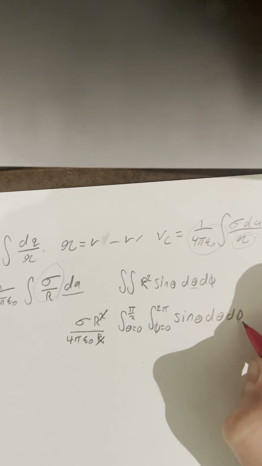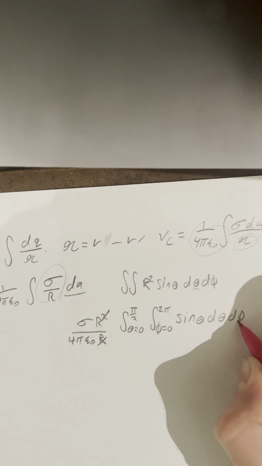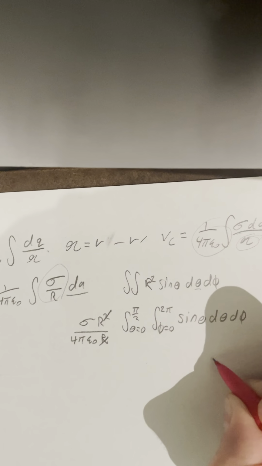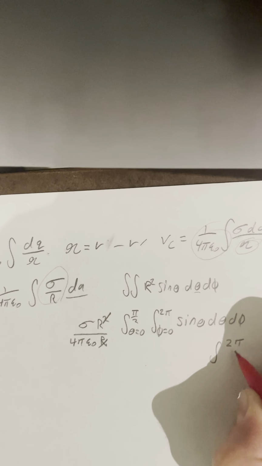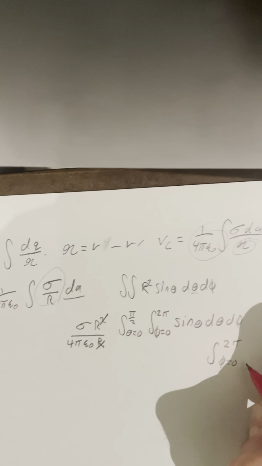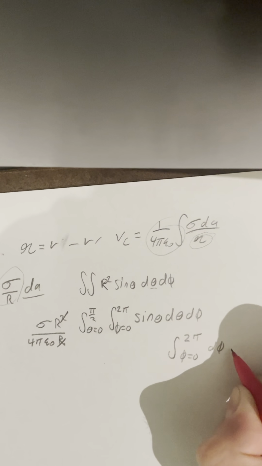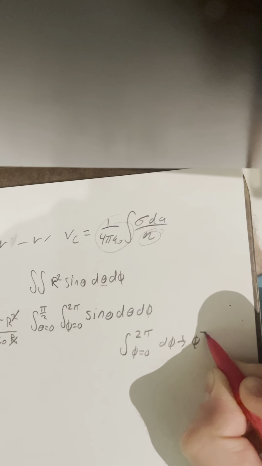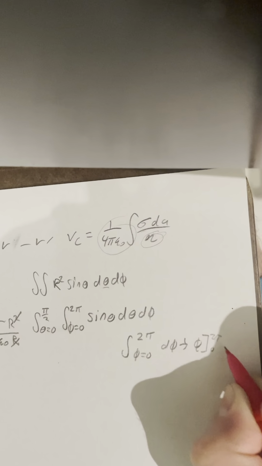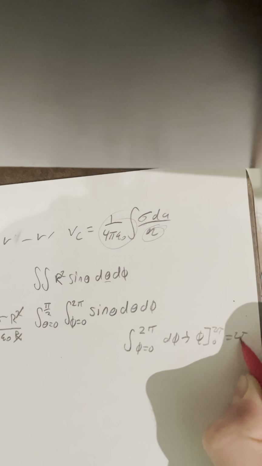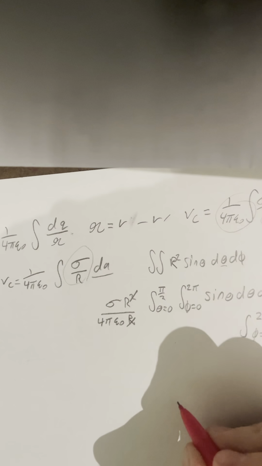Since there's no phi term, the integral of d phi gives us phi evaluated from 0 to 2 pi, which is just equal to 2 pi, and we can knock this out of the integral as well.